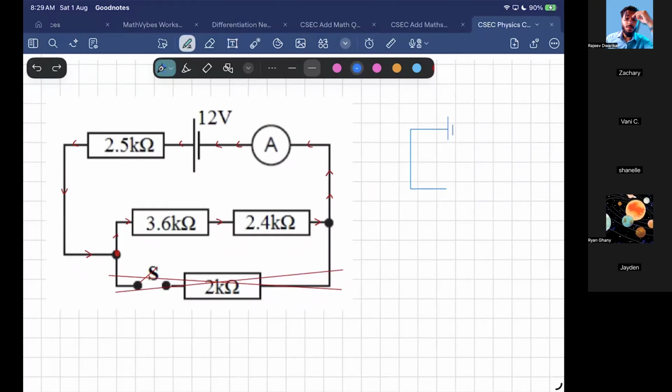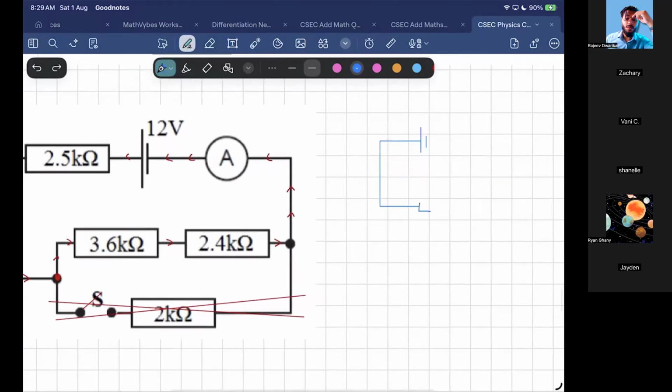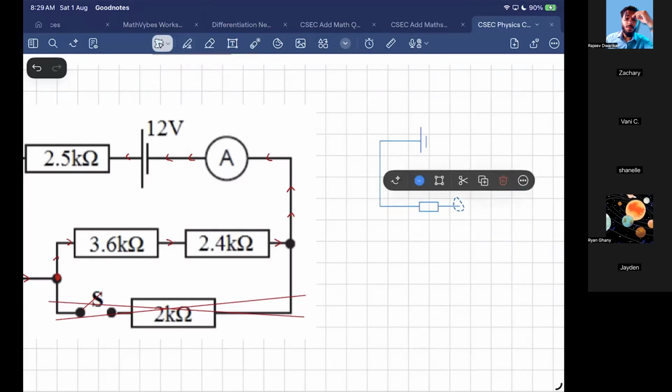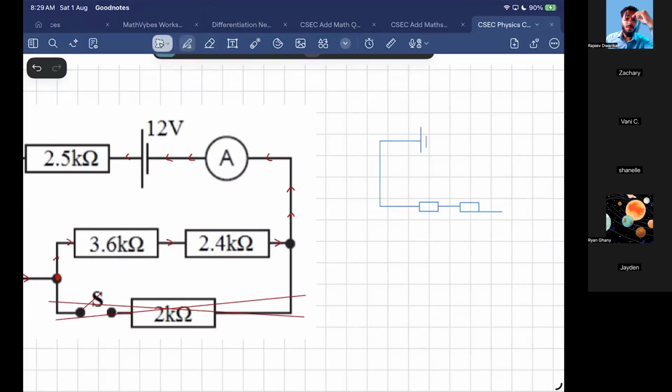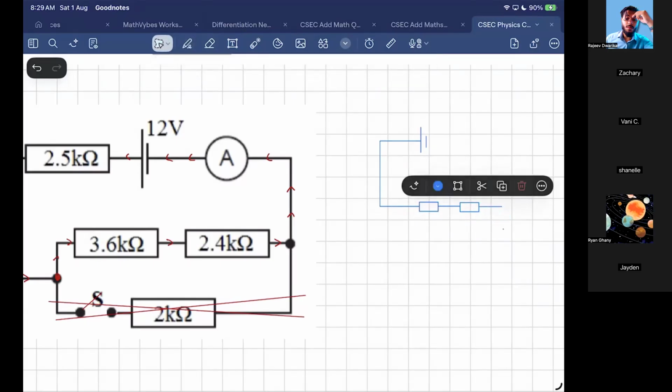We have a 2.5k over there. Then what is going to be following that after that is our what? What after that? The 3.6K resistor. Right, and after that, what next? The 2.4K resistor. So Chanel, do you understand that since it's one path that current could take, you can move about the components anywhere?